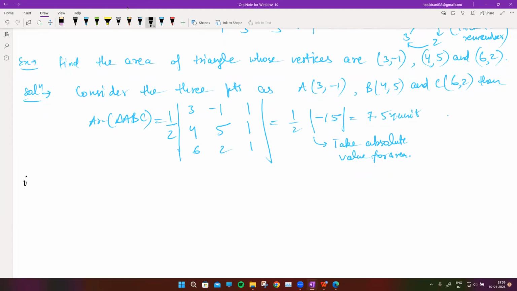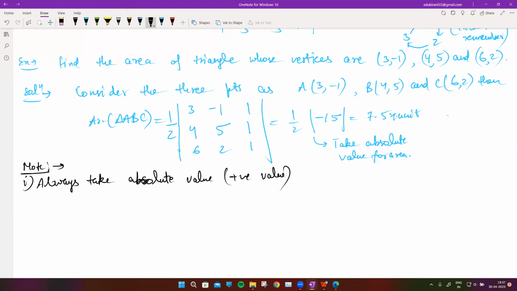The first point: always take the absolute value, or rather the positive value, of the determinant while calculating area, because area is always positive.